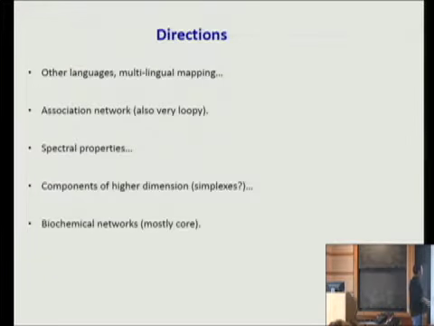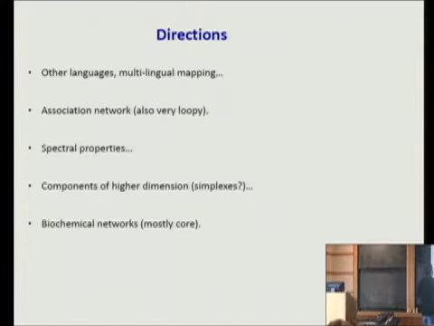Yeah, so I guess I need to summarize. So I'll just tell you the direction in which we're going, and I would like to hear your suggestions. Of course, we would like to see whether this exists in other languages. So we're looking at even partially built dictionaries, and we would like to see how dictionaries are mapped to each other. This gives us a higher hierarchy, of course.